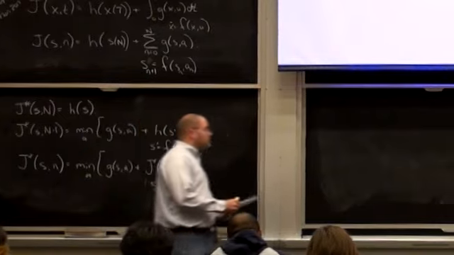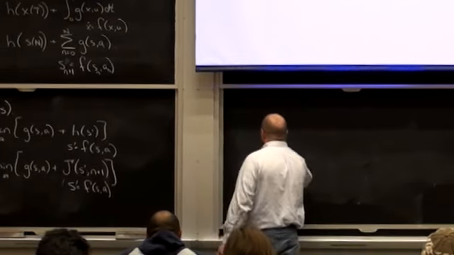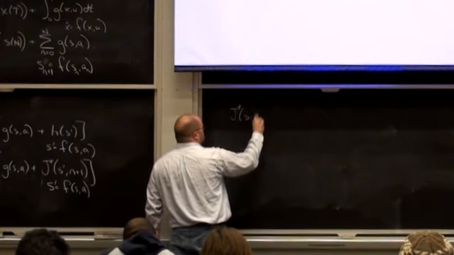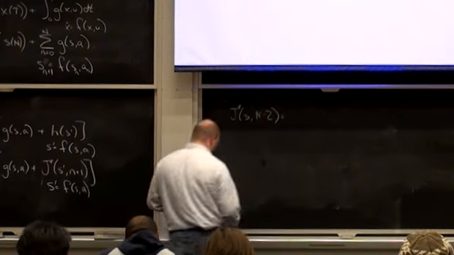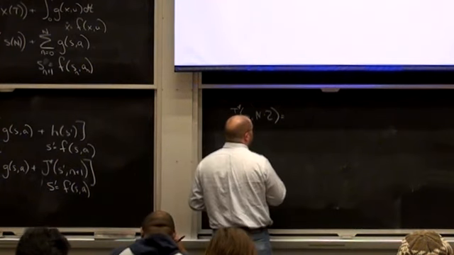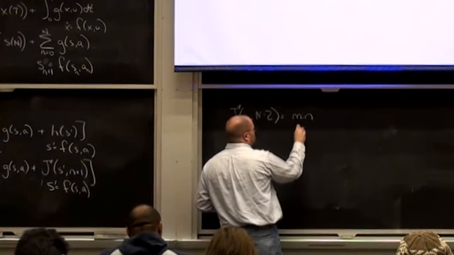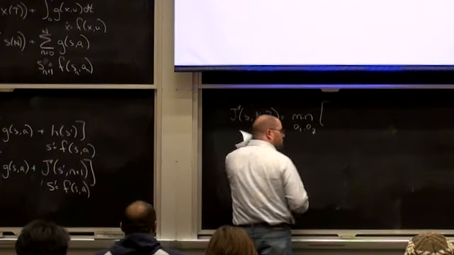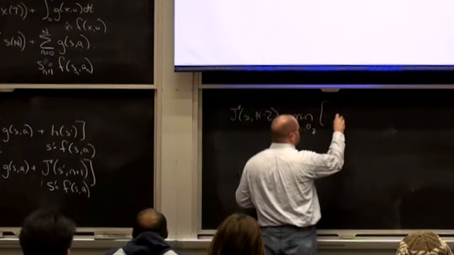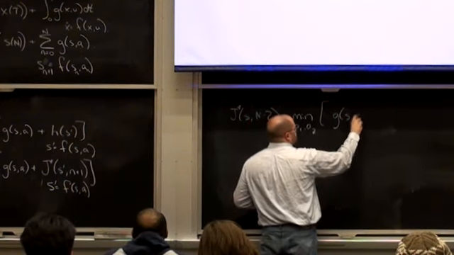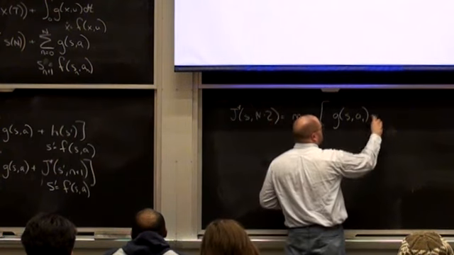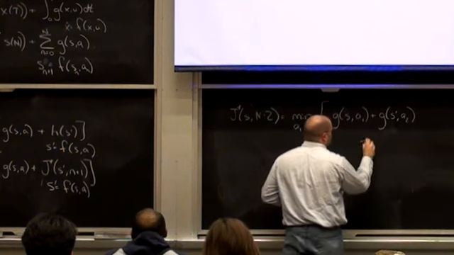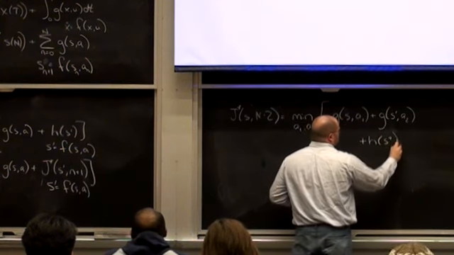Just to make that extremely clear, think about J star at n minus 2, let's say. So I have to minimize over two actions, right? I'll call them A1 and A2. I have two steps left to go. So I have to minimize G of S, A1 plus G of S prime, A2 plus H of S double prime, right?